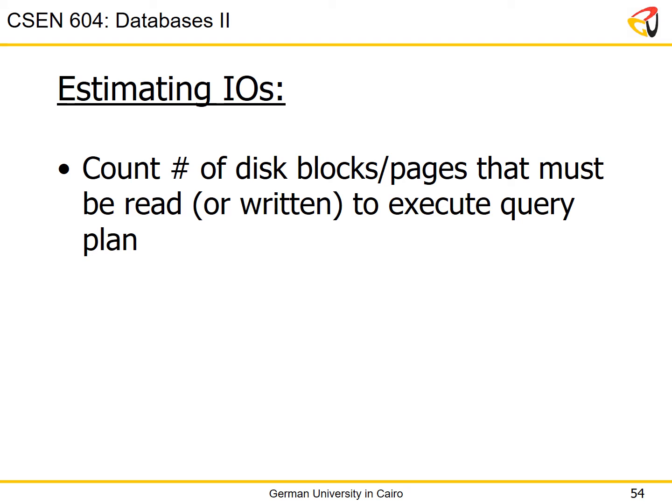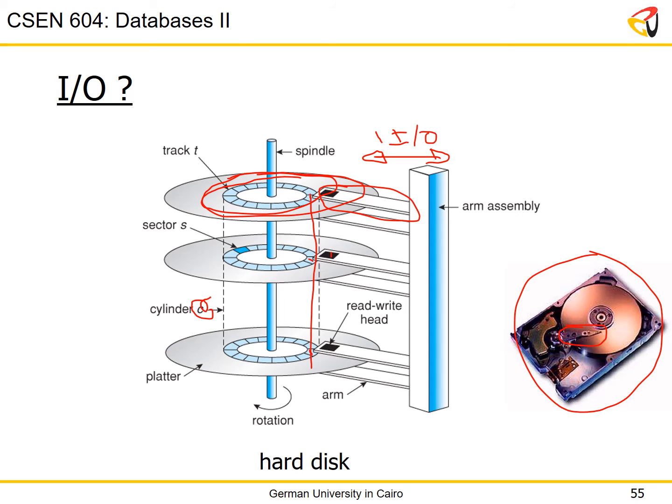So we try to focus on the bottleneck, which is the hard disk arm movement. And that will become our concern. So we will compare physical plans based on the number of I/Os, which is the number of hard disk arm movements, and we'll pick the one that moves the hard disk the smallest number of times.